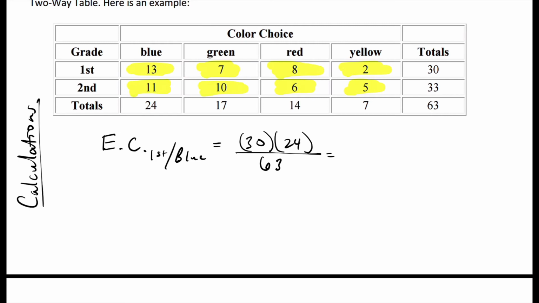which 62 where? Because the second graders, they didn't add up correctly? Let's see, 21 plus 11 is 32? Okay, so let's change that. Yep.